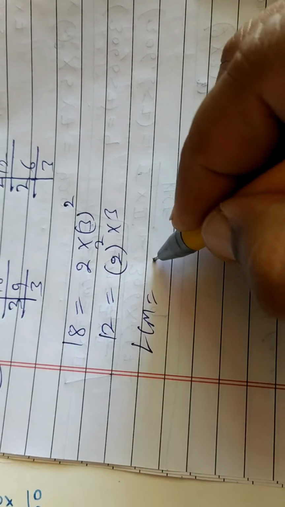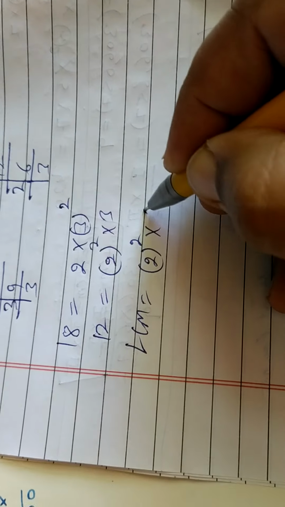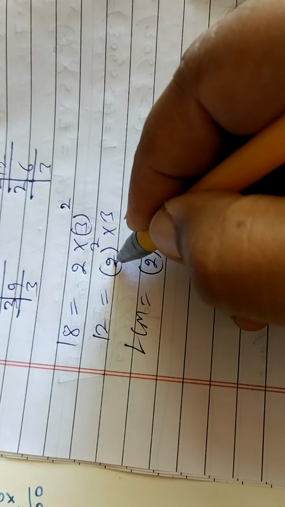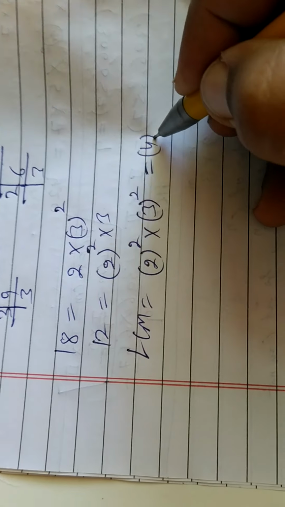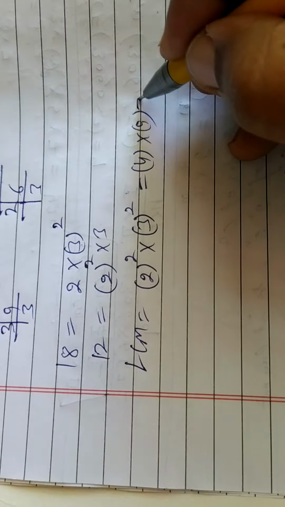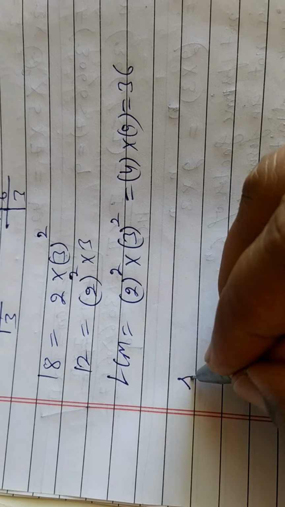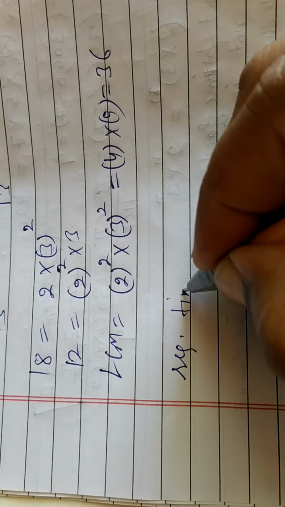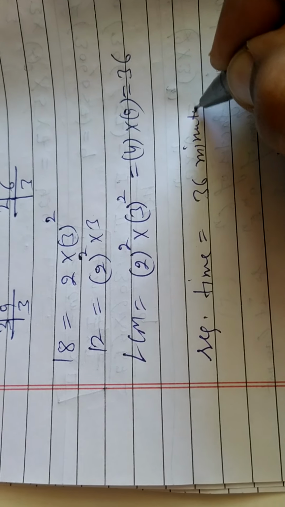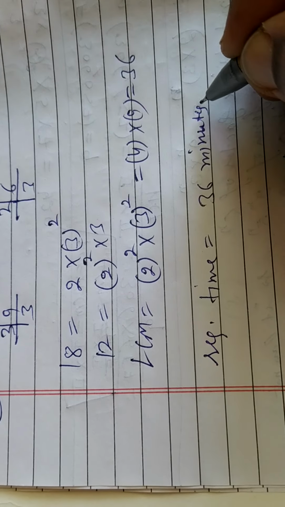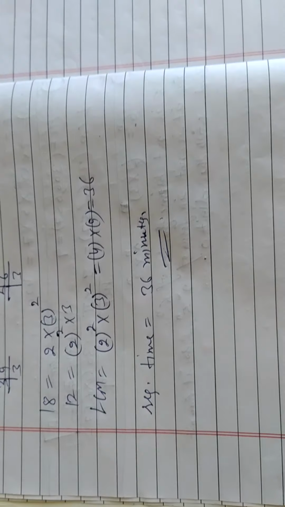Then LCM is equal to 2 power 2. Okay, there are 2 and 2. Highest power is 2. Same here 3. So 4 into 9, this is 36. So the required time, they will meet again after 36 minutes.